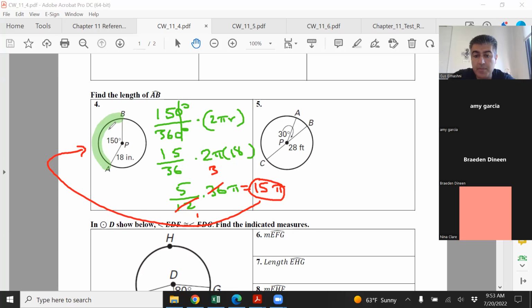Now, is there a formula? Yes. I'll show it to you. I'm kind of begrudgingly showing it to you, but there is a formula, and it's just this.